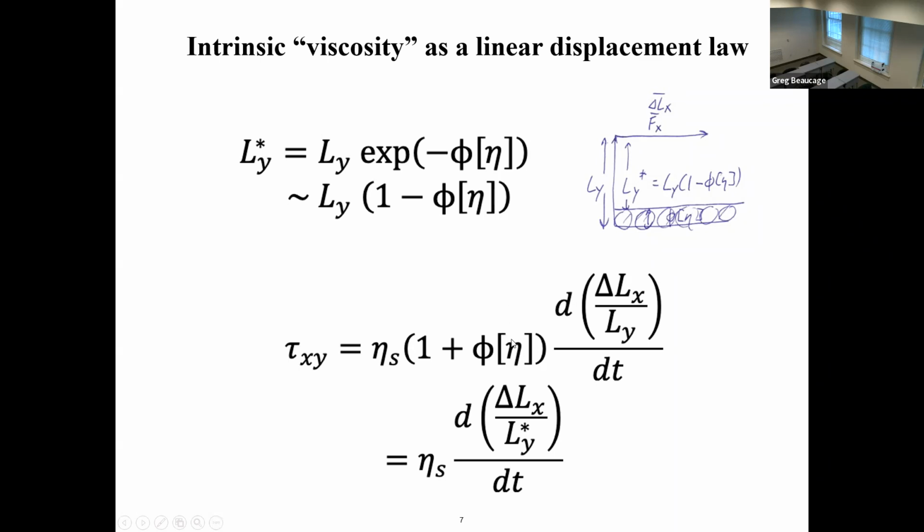So the volume is going to be the mass to the 3 by df, and then divided by the mass gives you 3 by df minus 1. So this should depend on the molecular weight of the chain to the power 3 by df minus 1. 3 by 2 is 1.5, minus 1, so you get 0.5. So molecular weight to the 0.5 would be for a Gaussian chain.